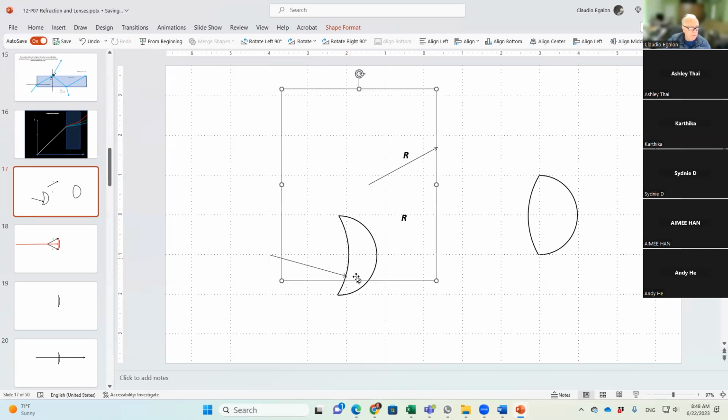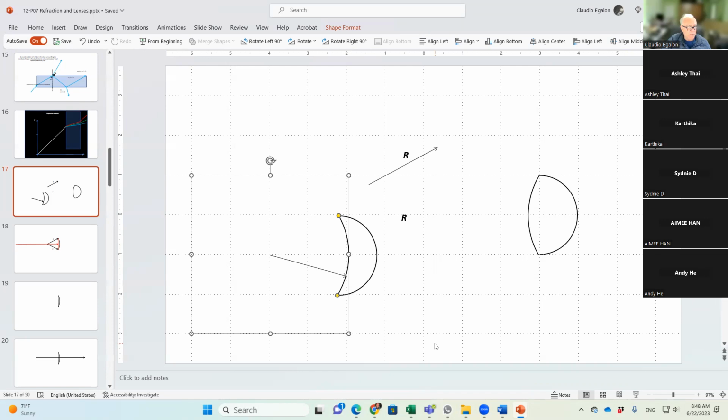It's not exact, but that's good enough. The radius of curvature is 2 squares, whereas this one, the radius of curvature is just 1 square.